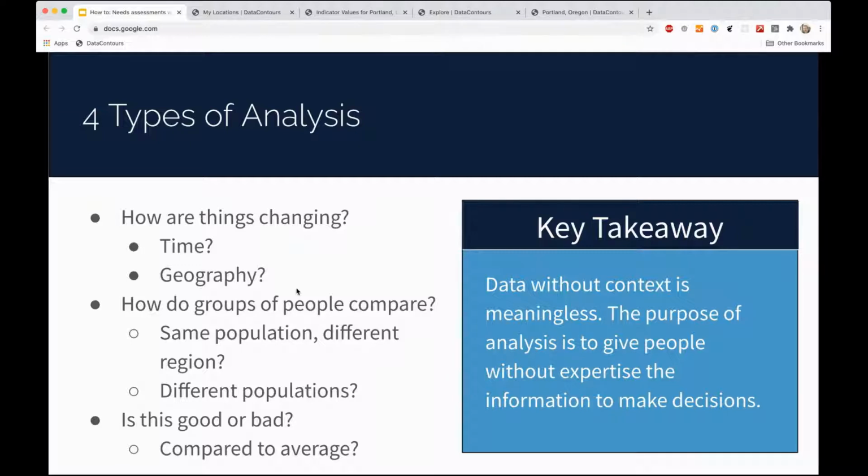And that context, especially for people outside of the data analysis world, is not always explicit. So when we talk about things like poverty rate, or educational attainment, or food insecurity, for folks who are steeped in this world, there's a lot of context that's implicit within each of those. We know what the high and low bounds are.